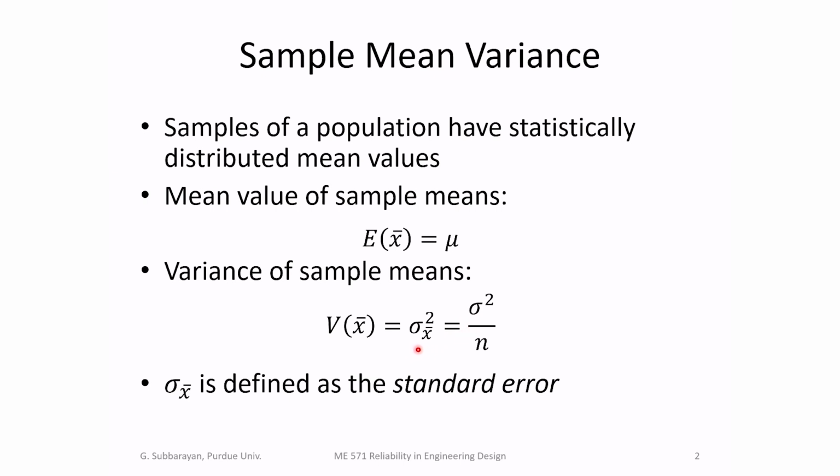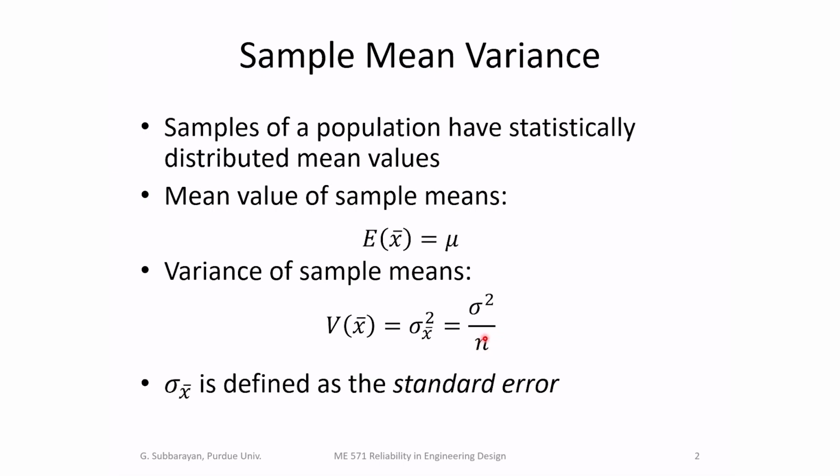So the sigma x bar quantity here is what is defined as standard error. And what it says is the variability, the variance in the mean value of my sample will depend on 1 over n, n being the sample size.